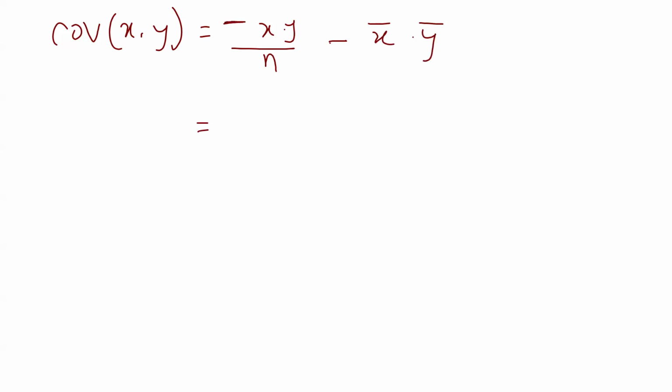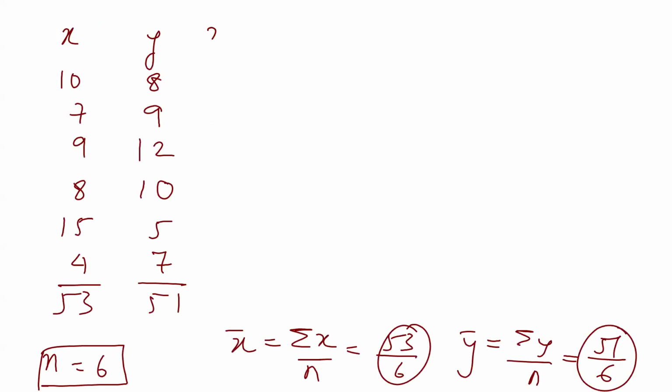Now since the summation is besides xy, we need to prepare that particular column xy, x into y, right? So that's 80, 63, and then 108, 80, 75, 28. So x into y column we are preparing over here.